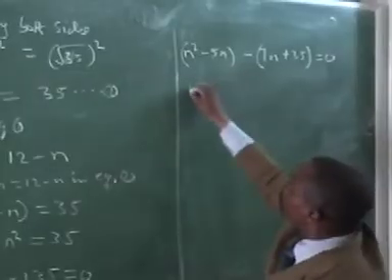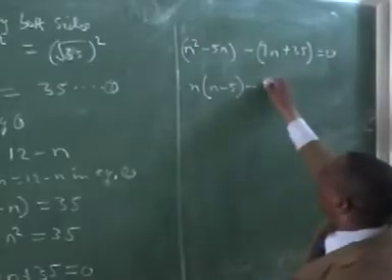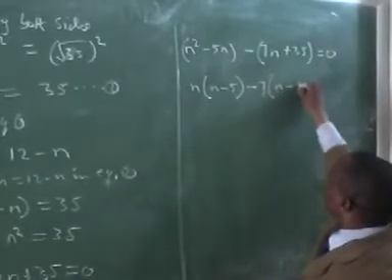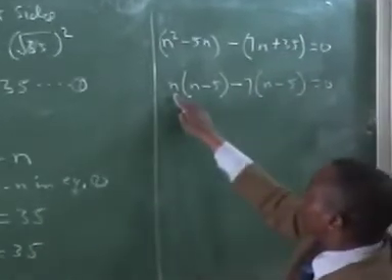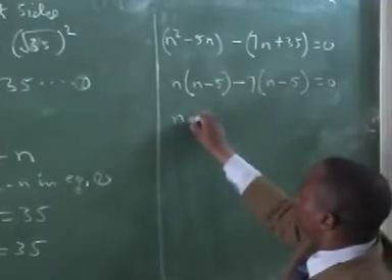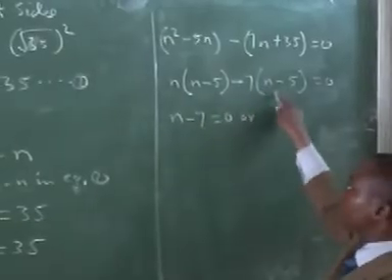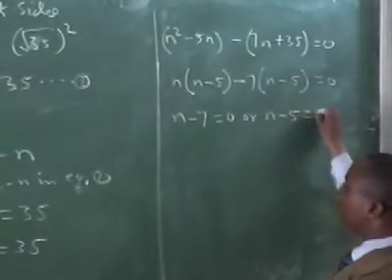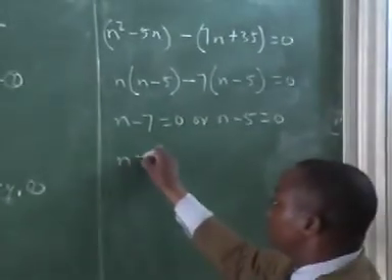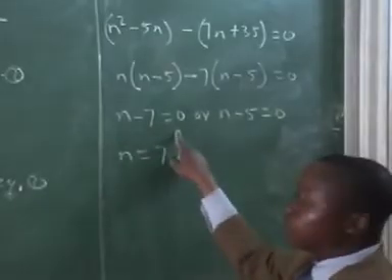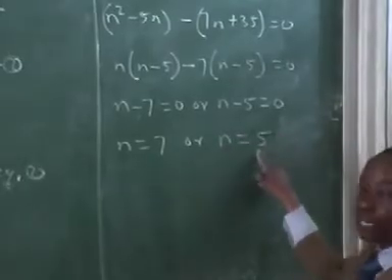Now here n is common, so we'll have n minus 5. Then here 7 is common, so I will have n minus 5, because 7 times n minus 5 gives me this. This is equal to 0. Meaning that n minus 7 is equal to 0, or n minus 5 is equal to 0. Now what it also means is that n is equal to 7, because I'm going to transfer them to this side, or n is equal to 5.